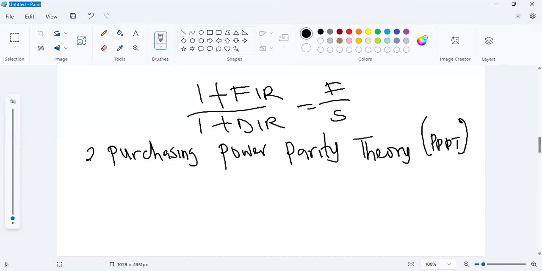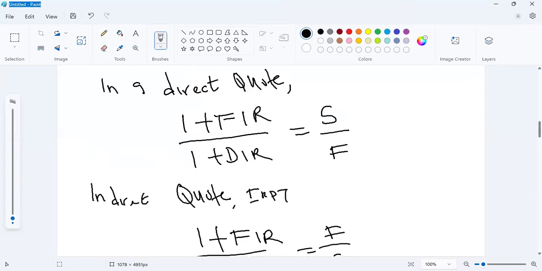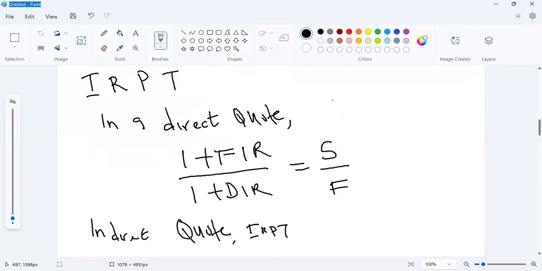Before I go to that, what is FIR? They even asked me. FIR is equal to foreign interest rate.